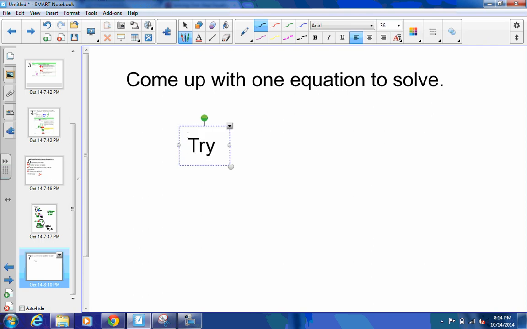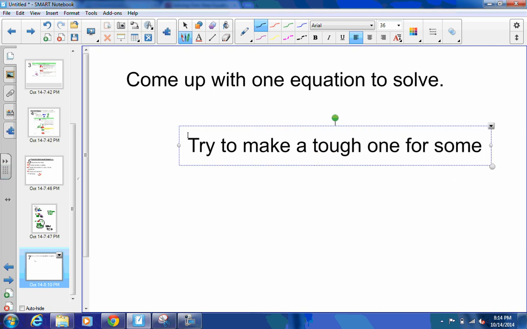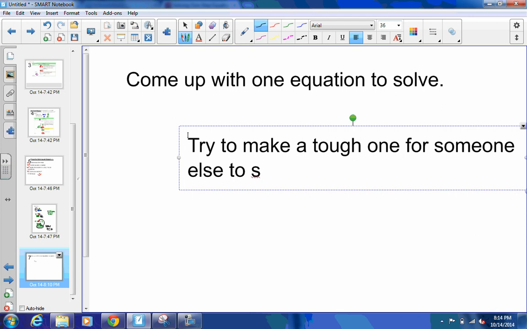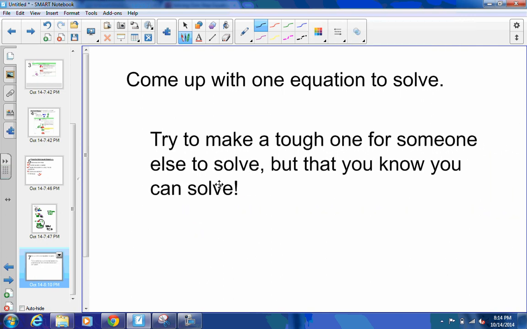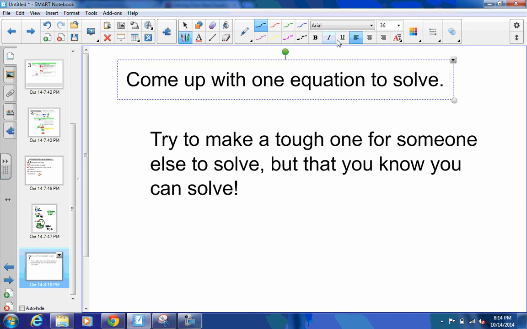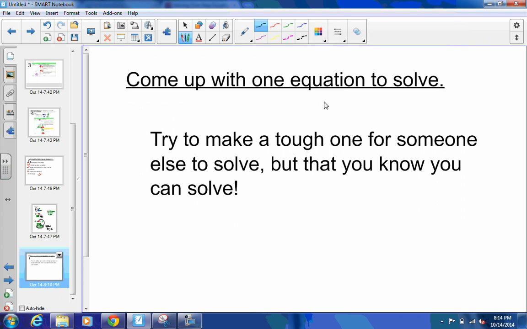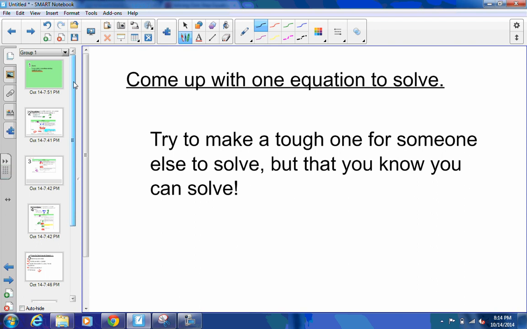So I'm going to let you give it to a partner on Thursday, and I want to try to make it a tough one for someone else to solve, but that you still can solve. All right, so come up with an equation. Try to make it so that you can solve it, but so it's a little bit tough on someone else. And I want to see that come Thursday.